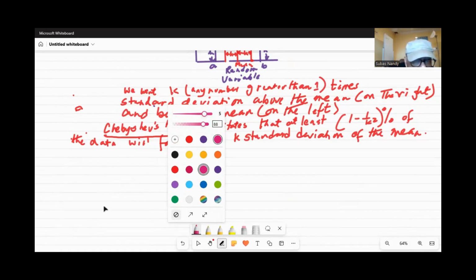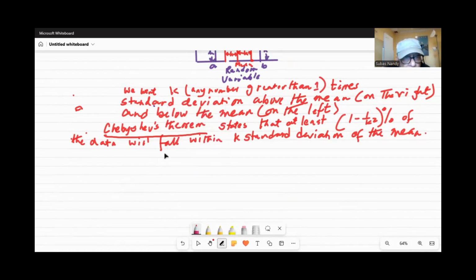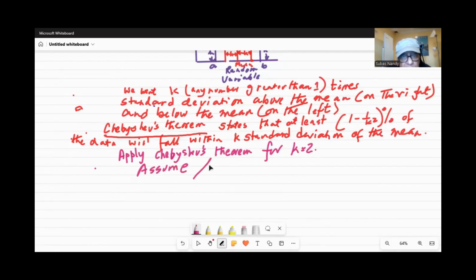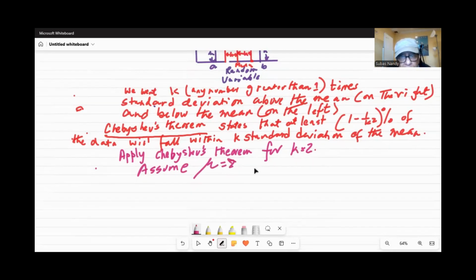So we will apply Chebyshev's theorem for k equal to 2. Assume mu is equal to 20 and, oops, sorry. So I have to erase that.